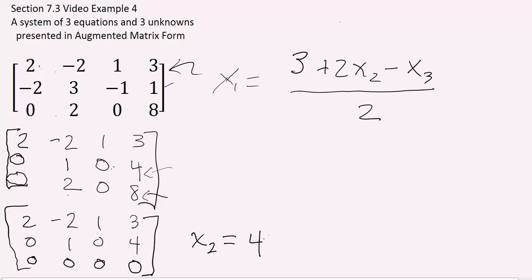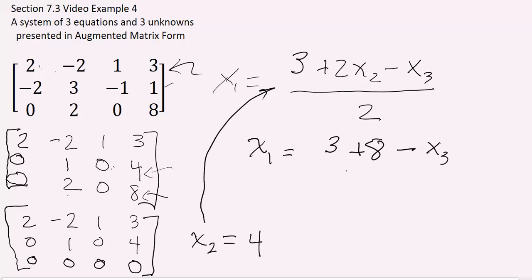And because we know that x2 is equal to 4, we can now say that x1 is equal to 3 plus 8 minus x3 all over 2, or x1 is equal to 11 minus x3 over 2.